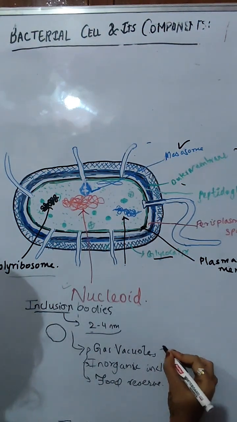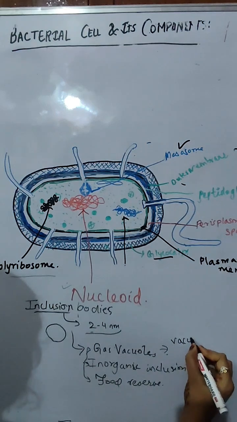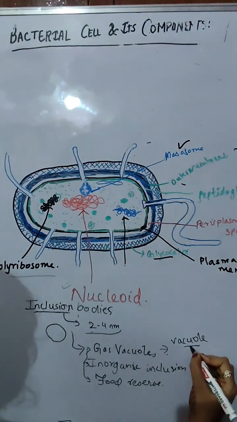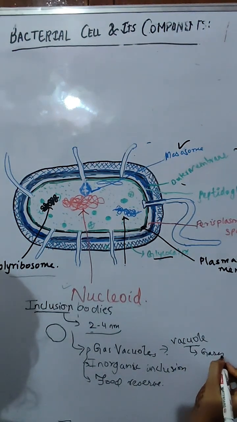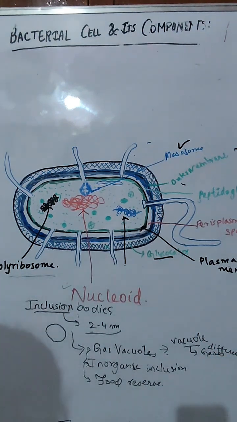First is the gas vacuole. A vacuole, you know, is a bag-like structure. This vacuole is filled with different gases, and gas vacuoles are generally found in purple green bacteria, cyanobacteria or a few planktonic forms, and they have no covering of their own. They come in different shapes, like hexagonal or hollow cylindrical.